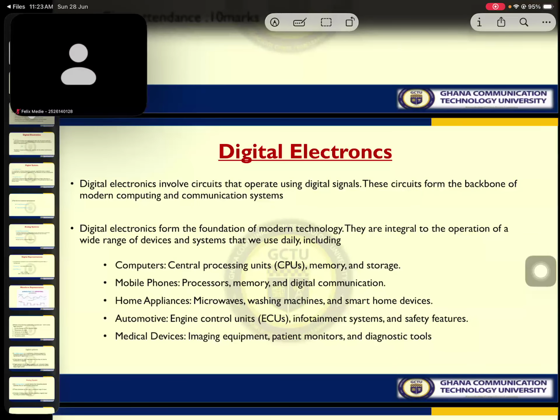Now, digital electronics as a course or a subject. Digital electronics basically refers to electronic circuits and systems that operate using digital signals.